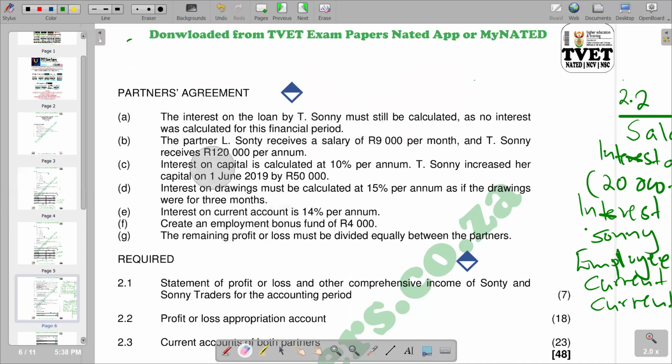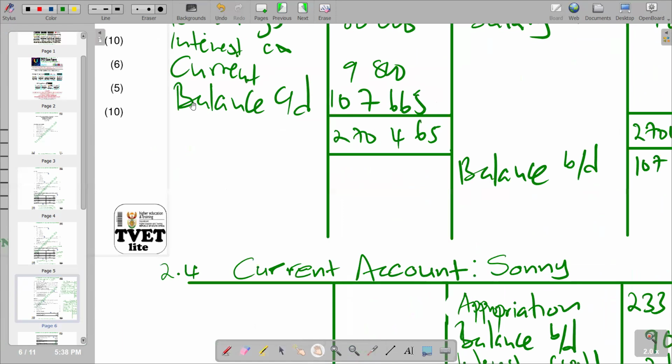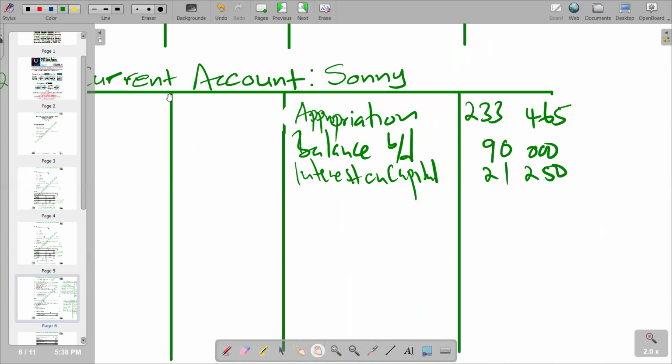To get what was not paid, what was supposed to be paid is 120,000 and what was paid is 90,000. And you're going to get 10,000 not yet paid. So this is the amount that is supposed to go to the current account. It goes on the credit side of the current. And we are saying salary 10,000.